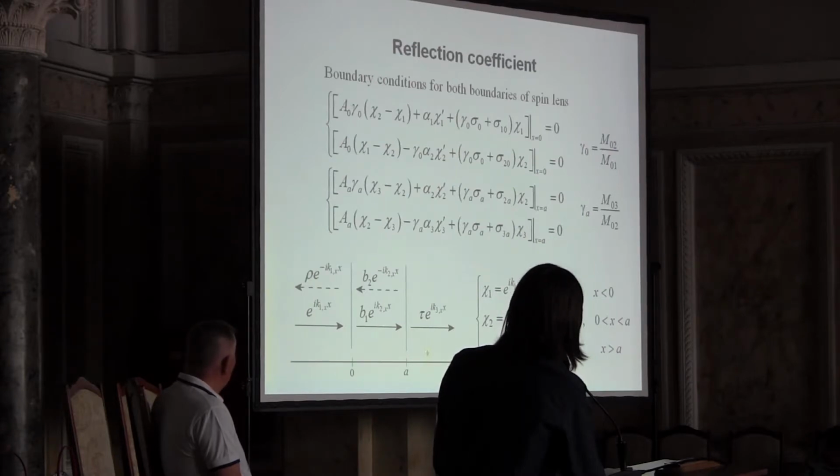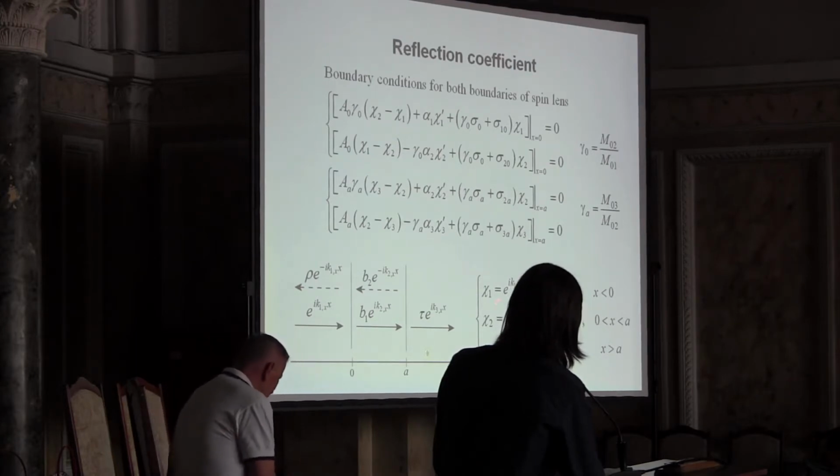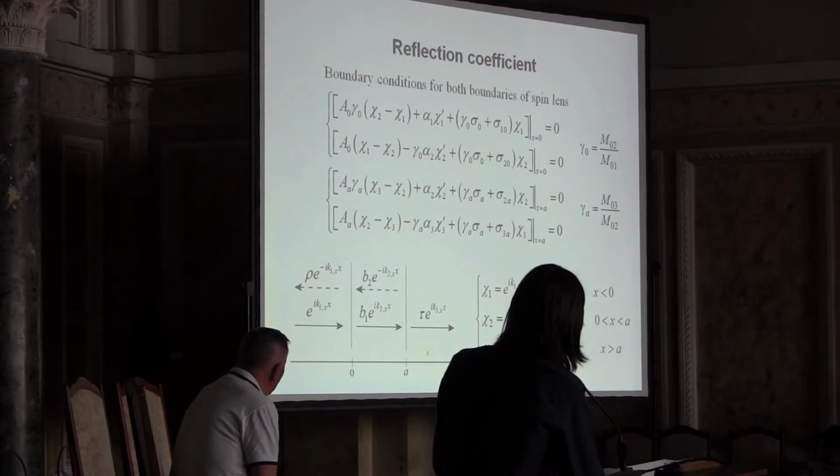After we found the boundary conditions, we used the standard quantum mechanical approach to describe the spin wave in each medium. In the first medium the spin wave is described by this equation, where the first part describes spin waves which fall on the interface, and the second part is spin waves which are reflected from the interface. And the same for the second medium.